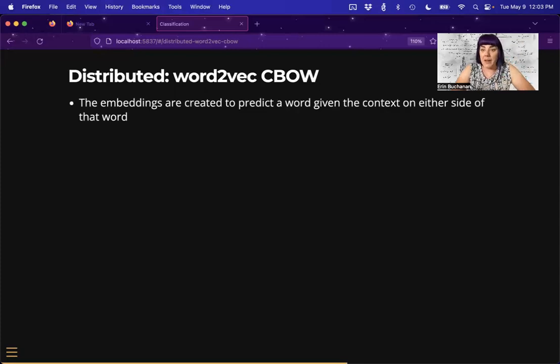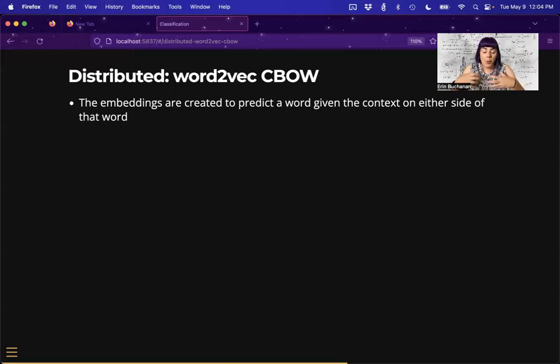So let's talk about CBOW first. In a continuous bag of words approach, the embeddings are created or trained to predict a word given the context on either side of the word. So the goal here is to predict the word in the middle, given the words you see on either side.